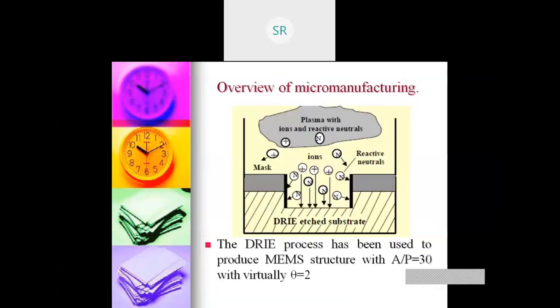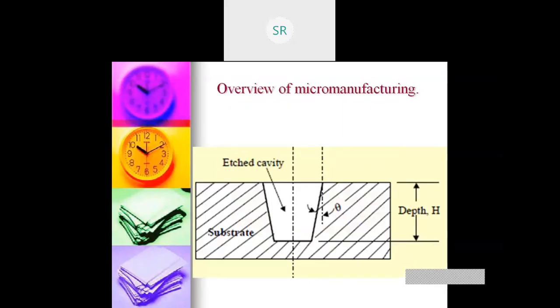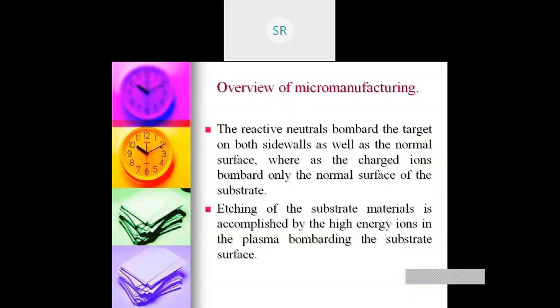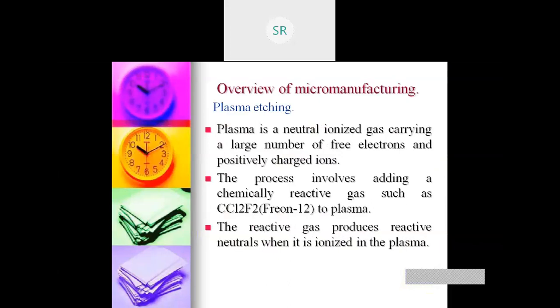I'll add reactive gas. Here this is very important. I need to generate a plasma source with the help of radio frequency.